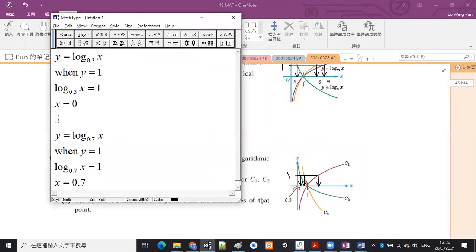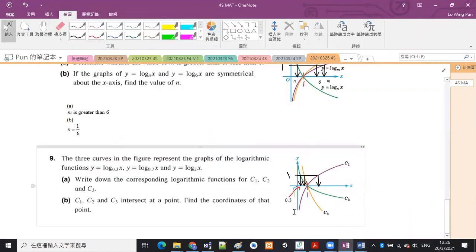And then 0.7 should be the one on the right. So that should be this point. This position is 0.7. Which means that the green curve C2 should be of base 0.3.